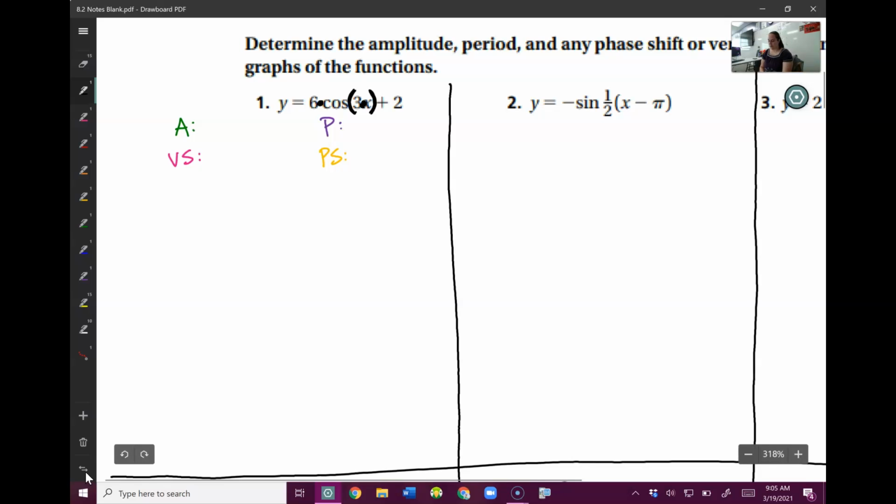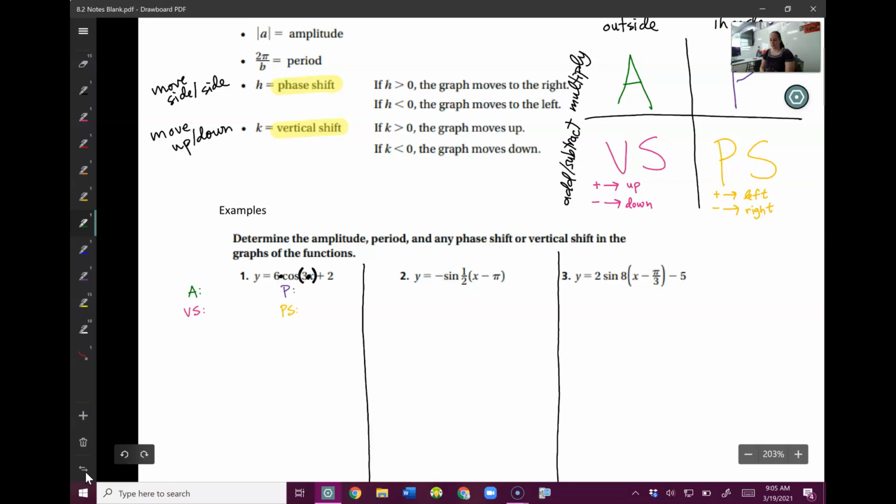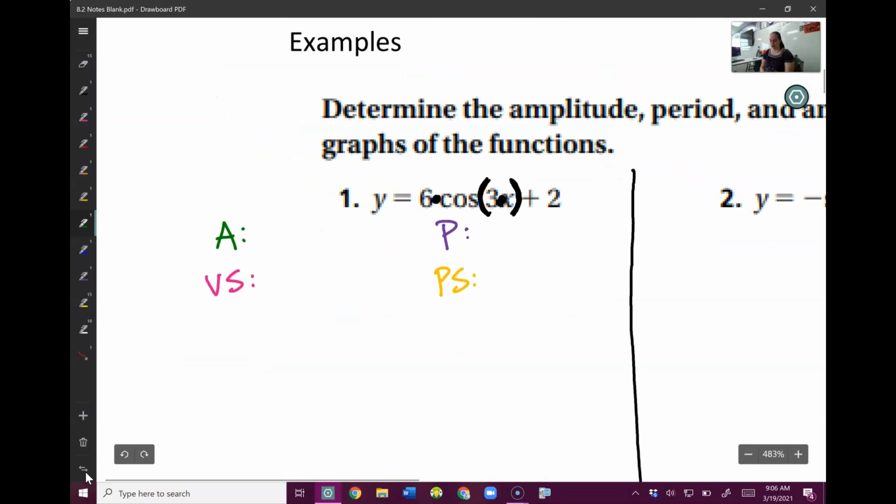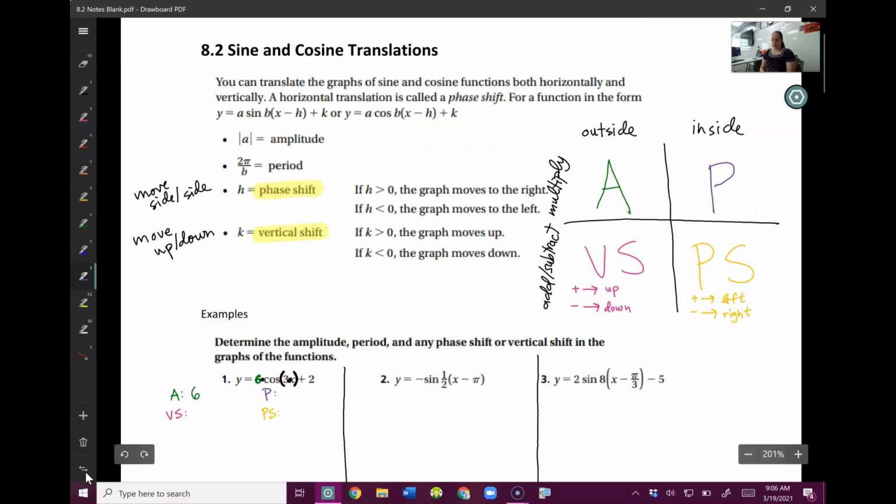So let's start with amplitude. Go to our table. Amplitude is multiplying on the outside. So I go outside my parentheses and look for multiplying right there. So my amplitude is going to be 6. My period is multiplying on the inside.